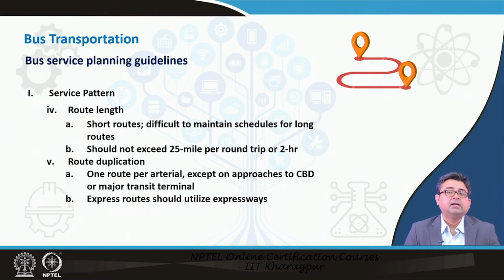So, the guidelines are telling you that these are the points that you should keep in mind while planning a bus route. Maybe your city is so dense that you do require 2 routes per arterial because there are too many boardings. For example, when you approach a CBD you may have multiple routes, but the point to be kept in mind is that you have to know about route duplication.